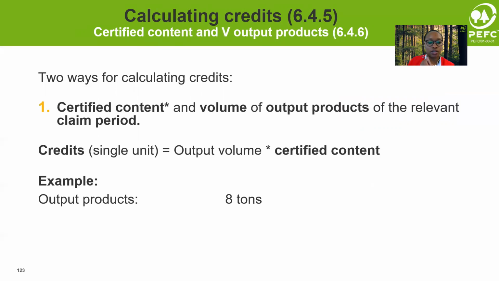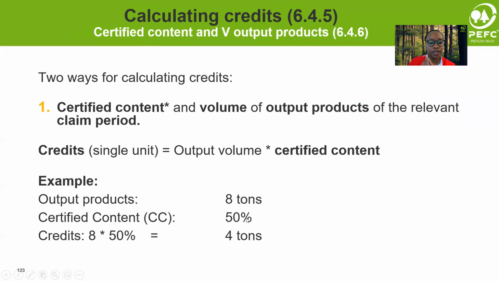I mentioned this before, but now let's look at concrete examples where you have your output product as 8 tons and your certified content, which you've calculated using the percentage method, as 50%. Your credits, which you will put in your credit account, are 4 tons, for example.